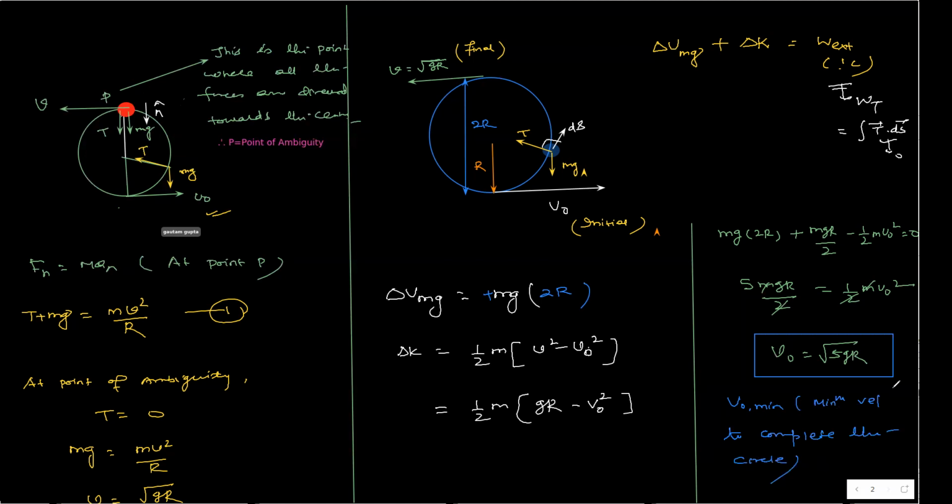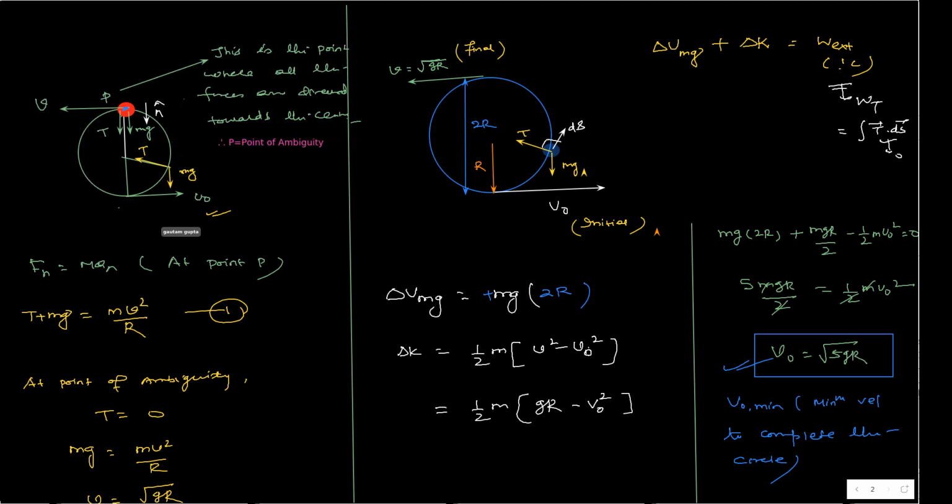If v naught is greater than v naught minimum, then it will complete the circle. Otherwise it will not be able to complete the circle. Why? Because if v naught is greater than this value, then tension will come out to be greater than 0 at the point of ambiguity. And if tension is greater than 0 at the point of ambiguity, that means the string is not getting slackened, so it will be able to complete the circle.